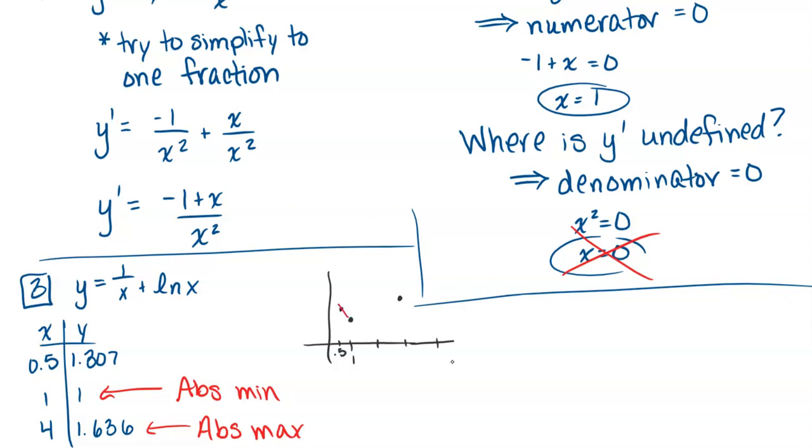So the general shape of this graph is something like this. Since that y value for 0.5 is a little higher than the y value at 1, you know that it can't possibly be a local minimum since it's higher than something else that's close to it. So we would be calling that a local maximum.